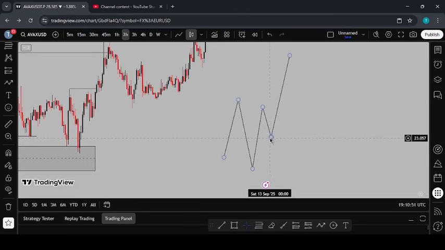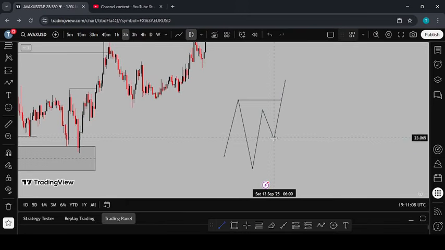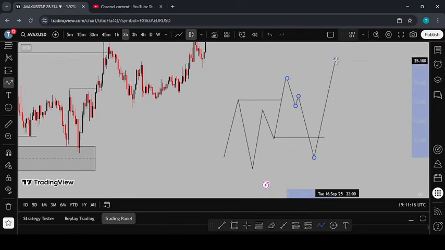Now I was explaining something like this yesterday: if we see structures like this, normally if there was just this structure, and market shifted this structure and did not even go higher, normally I would take this as structural liquidity. Then I would expect market to take it out and tap into the order block here for a continuation.